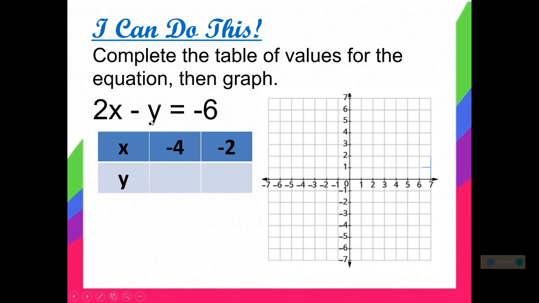If your x is negative 4, what is the value of your y, for you to have the first ordered pair? And if your x is negative 2, what should be the value of your y, so that you can have the second ordered pair? After that, you are going to plot on this Cartesian plane, and then label that the graph is 2x minus y equals negative 6.